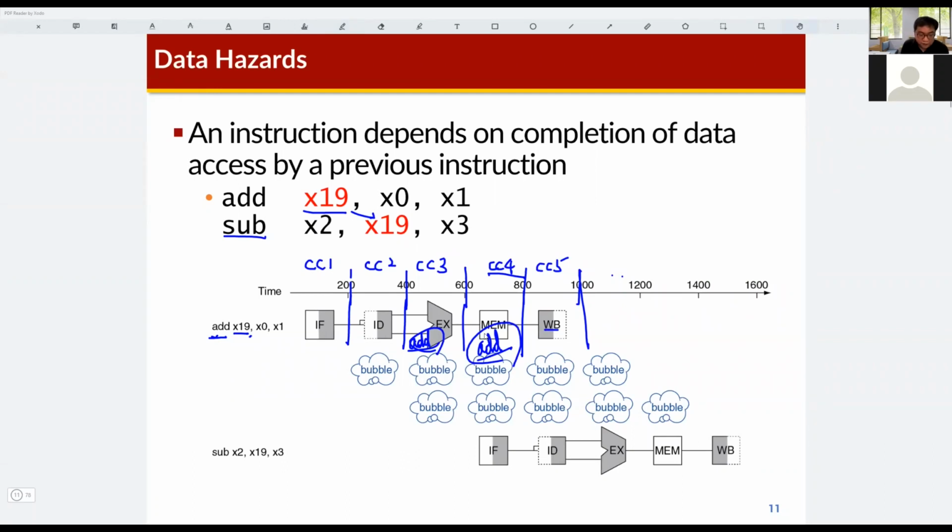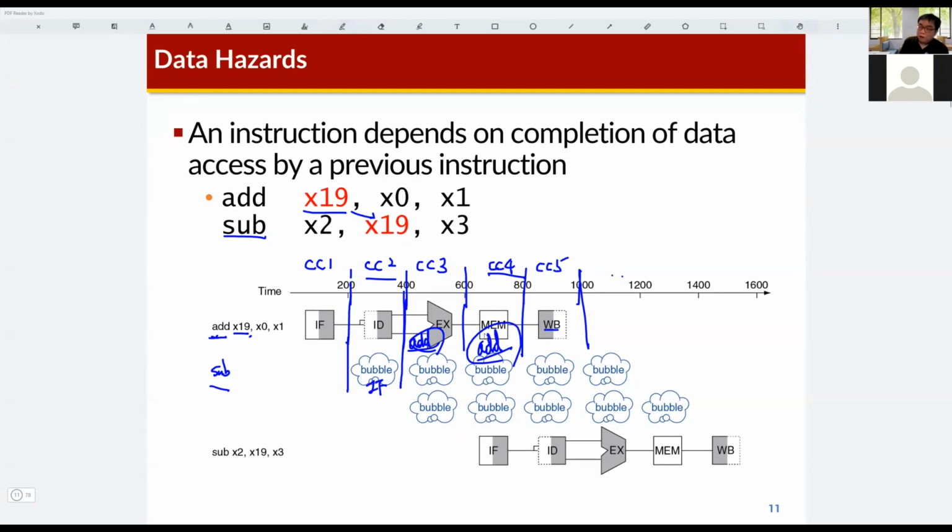And then this sub instruction is actually the very next instruction of this add instruction, right? So in the pipeline architecture design, the sub instruction will be fetched at CC2, clock count 2, because it's the very next instruction.